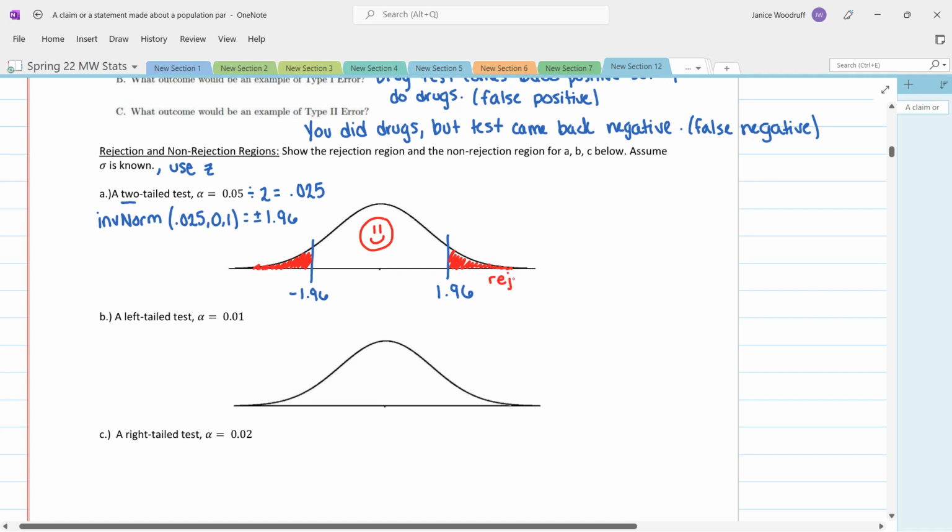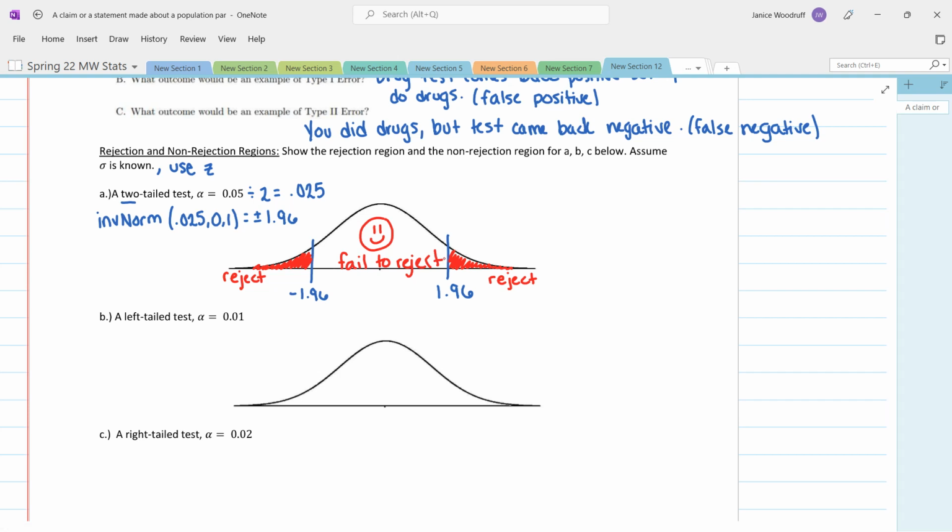So if we fall in the regions here that are red, we say reject. We don't say accept the null. We say fail to reject, because you can't necessarily accept the alternative unless you actually run another test with the alternative. So we just say fail to reject.